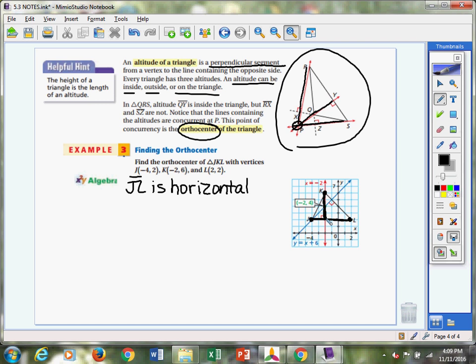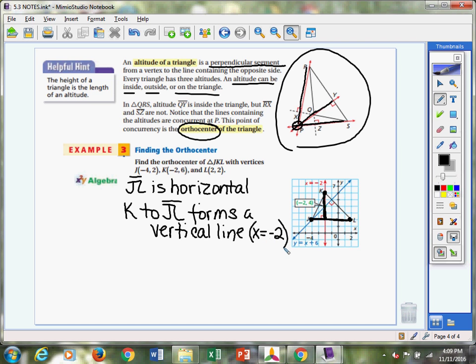So we can see that K to JL forms a vertical line. And we can name that vertical line. We already know that that vertical line is going to cross through, it looks like, x equals -2.